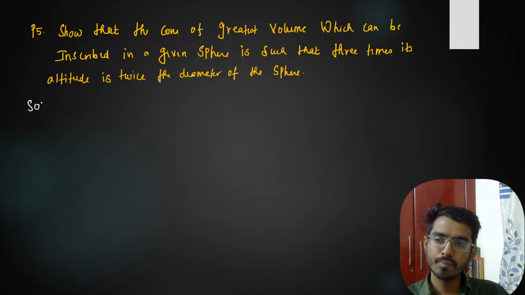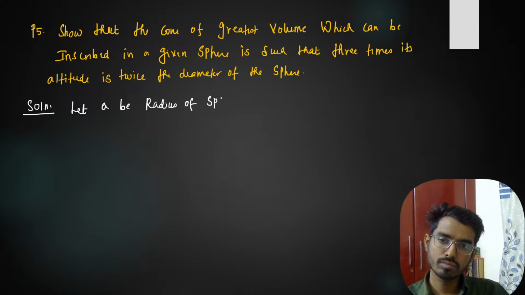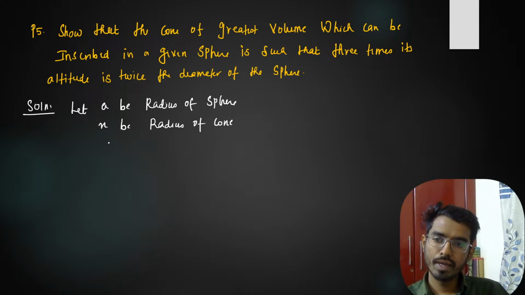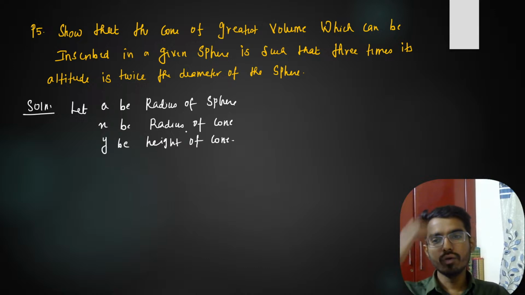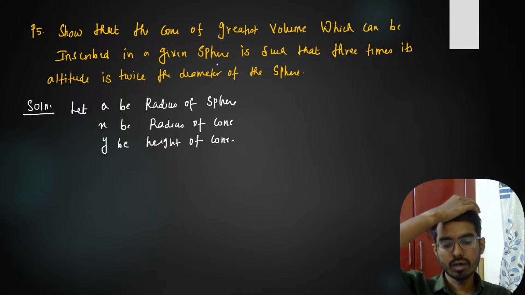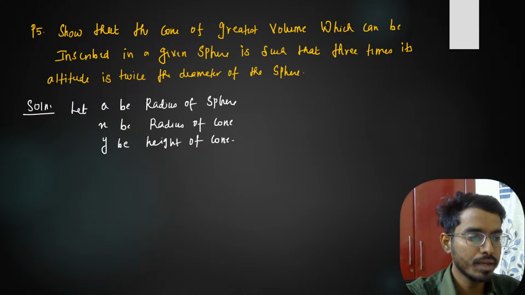Okay, very simple again. I'll draw the diagram also. Let a be the radius of the sphere, x be the radius of the cone, y be the height of the cone. So what we are doing is we are inscribing a cone inside a sphere, right?